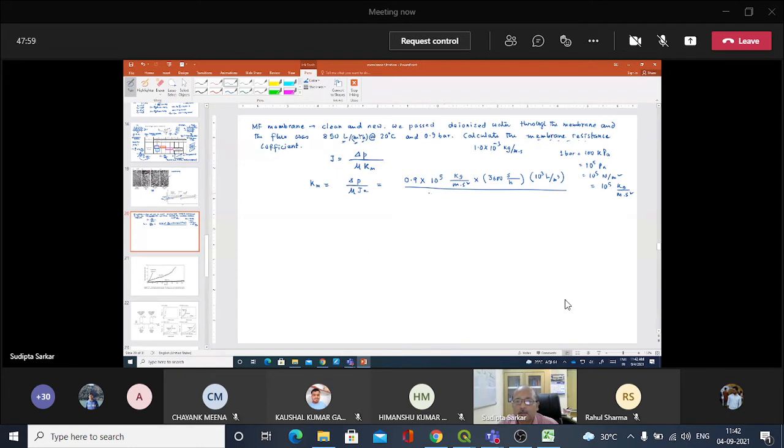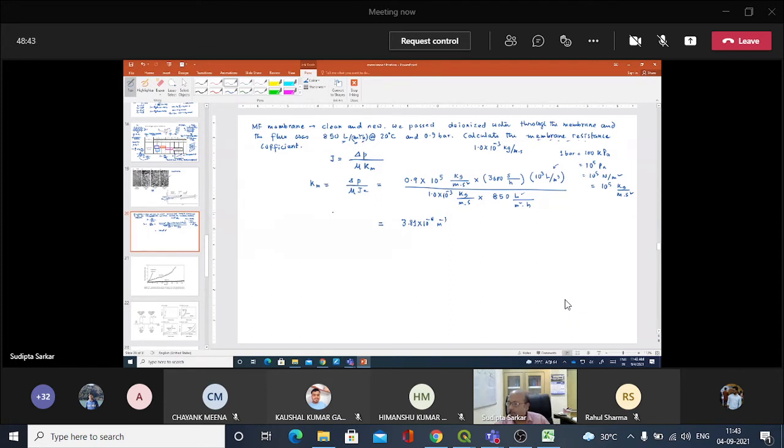So mu equals 1.0 times 10 to the minus 3 kg per meter second, and we have 850 liter per meter square hour. For this we have this factor for liter conversion. If you calculate this, I have done this, it comes out to be 3.81 times 10 to the minus 11 per liter. So this is the membrane resistance coefficient for this membrane.